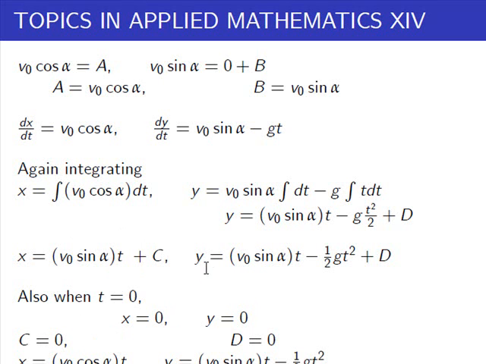And here, when time t is equal to 0, y is equal to 0, so the left hand side becomes 0. On the right hand side, when t is equal to 0, the first term vanishes and the second term vanishes. So d is equal to 0.